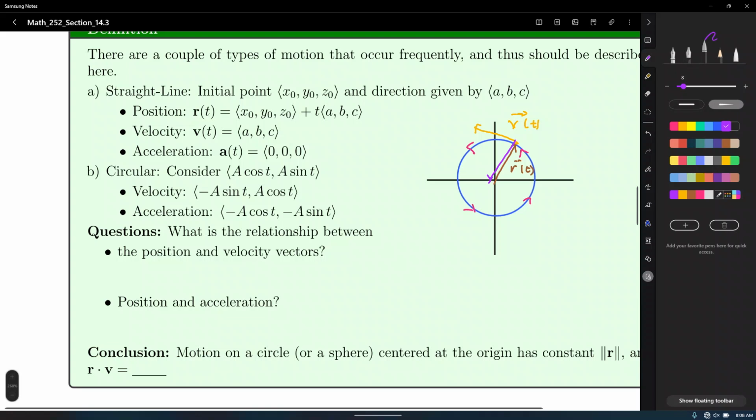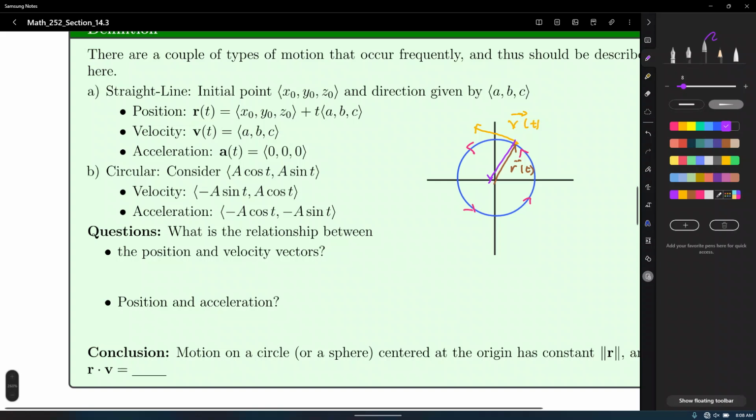All right? And that's something we're going to see later. The acceleration always points in the direction of the concave side of the curve, not the other side. All right? And the velocity always goes in the direction of increasing time. That's something we discussed last time.